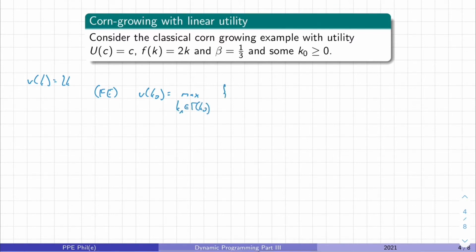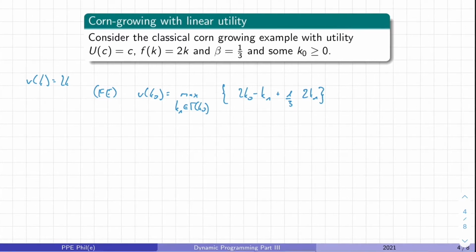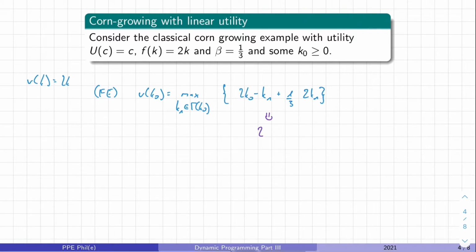And because utility is linear, this maximizes 2k0 minus k1 plus 1/3, which is the discounting, times our candidate, which is 2k1. And we saw that this is linear in k1 because this reduces to -1 plus 1/3 times k1.